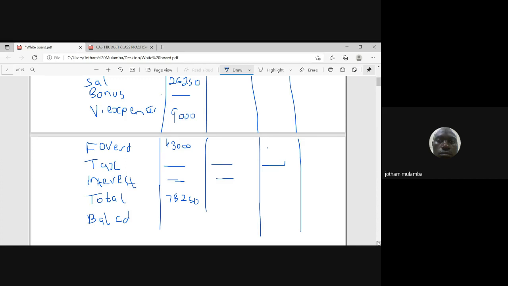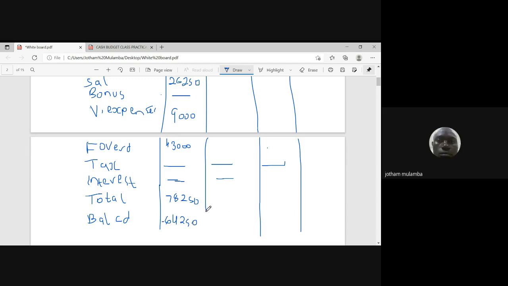So who is getting us the figure? It is a negative 64,250. So you mark here negative.